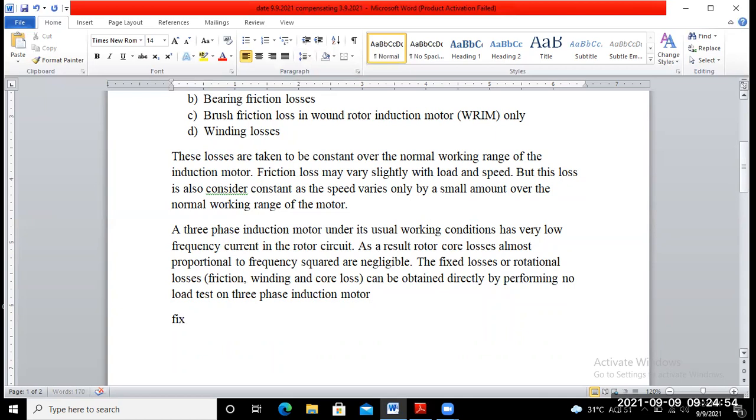So fixed losses equal power input at no load minus stator I square R loss at no load. Whatever ohmic losses take place in the stator winding at no load, you subtract from the power input at no load. So you are able to get the value of fixed losses.